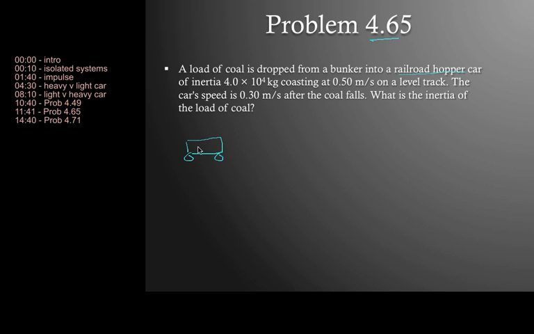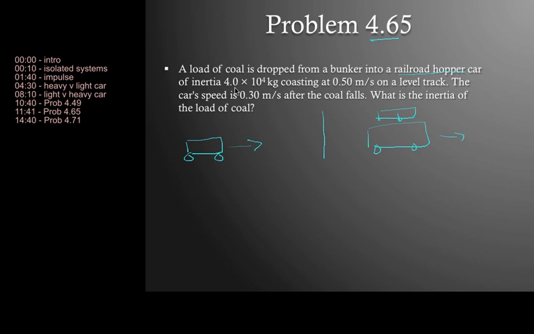So now we have this railroad car moving, let's say, to the right, and then after some time this railroad car now has this load of coal dropped onto the car. What is the inertia of the load of coal?